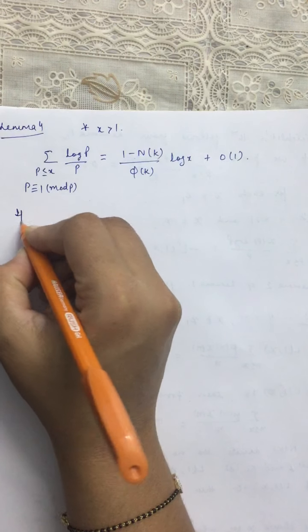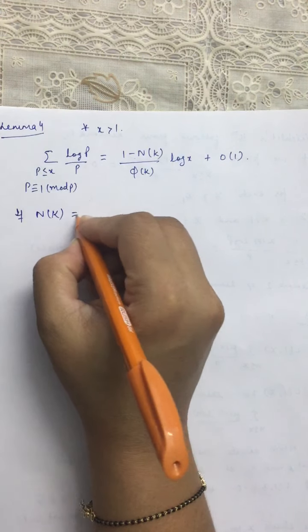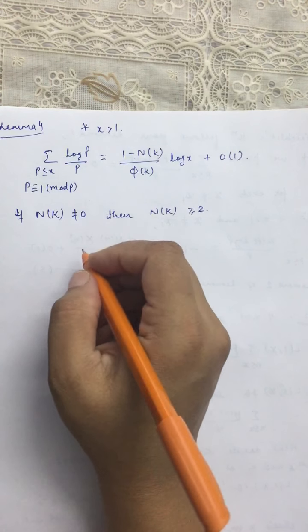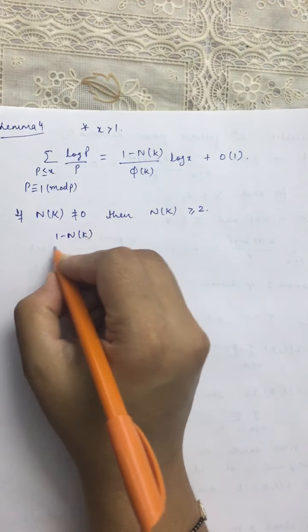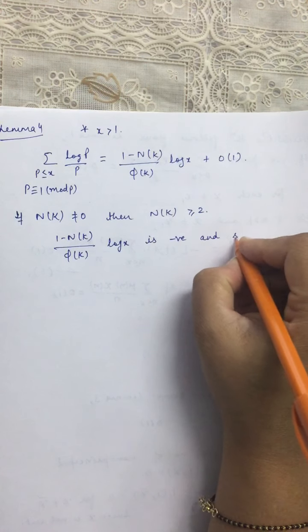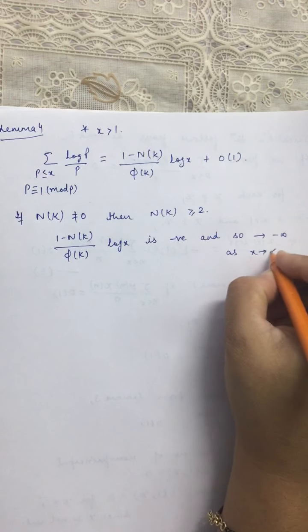So we can write this: if n_k is non-zero, then n_k is greater than or equal to 2. Then from Lemma 4, (1 minus n_k) upon phi(k) times log x is a negative term, and so tends to minus infinity as x tends to infinity.